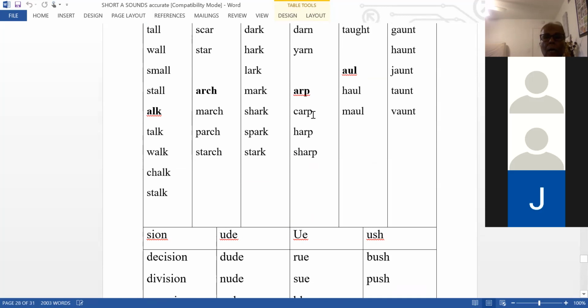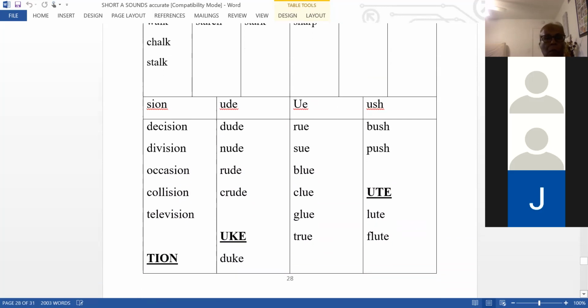Orc and arch and up and all, they have to learn these sounds. S-I-O-N and T-I-O-N: I have a lot of 12 to 14-year-olds not sounding these properly. So you have to teach S-I-O-N is shun and T-I-O-N is also shun.